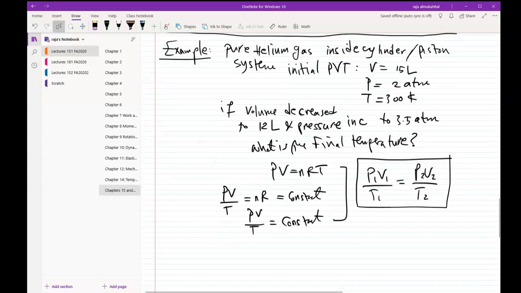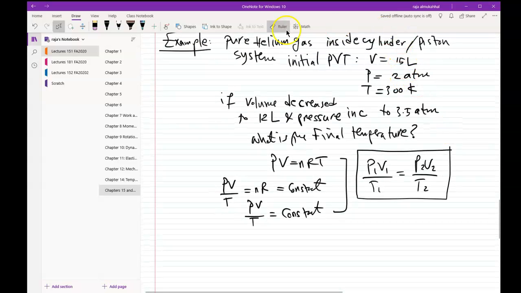So let's look at the first condition. He said I have a pure helium gas inside a cylinder piston system, initially at those. So I'm going to call these V1, P1, T1. Let me just copy them and put them right here. So that's going to be P1, and that's going to be 2.